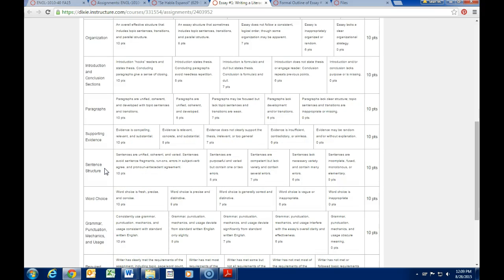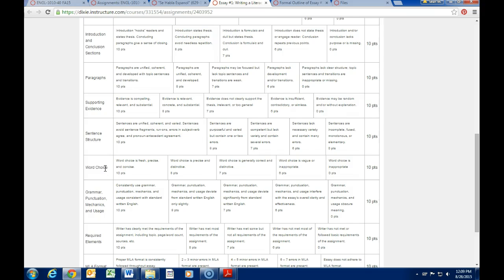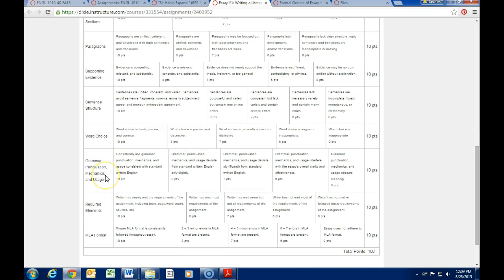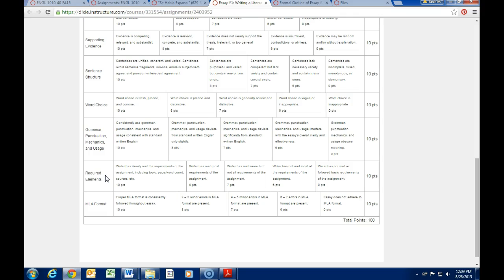Sentence structure, eliminating sentence fragments and run-ons. Word choice, using good words. Grammar, punctuation, mechanics, and usage. The required elements, including topic, page, word count, sources when required. This essay does not require outside resources. And then MLA format.